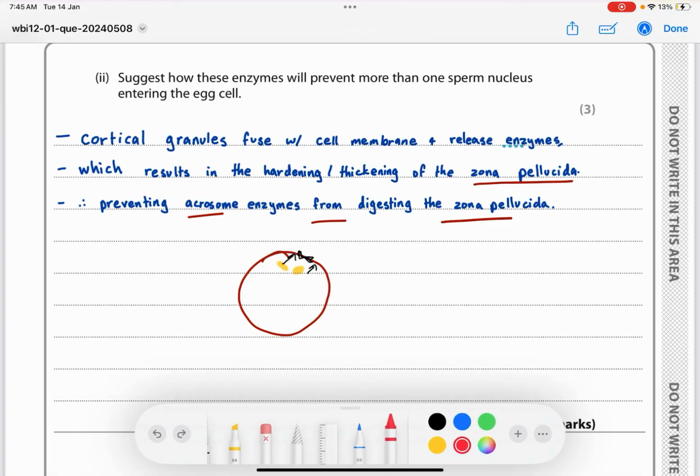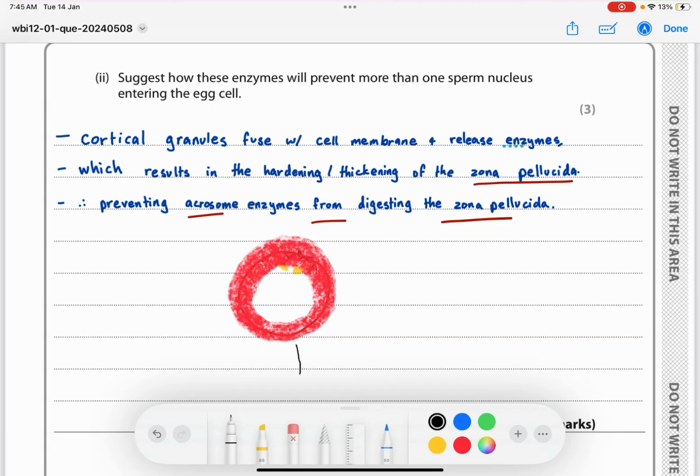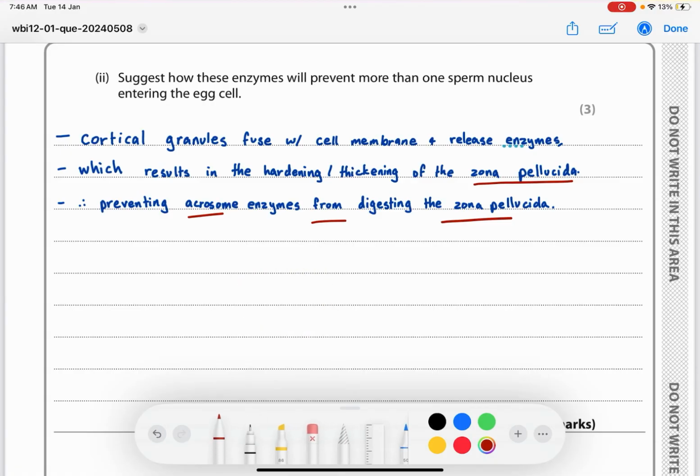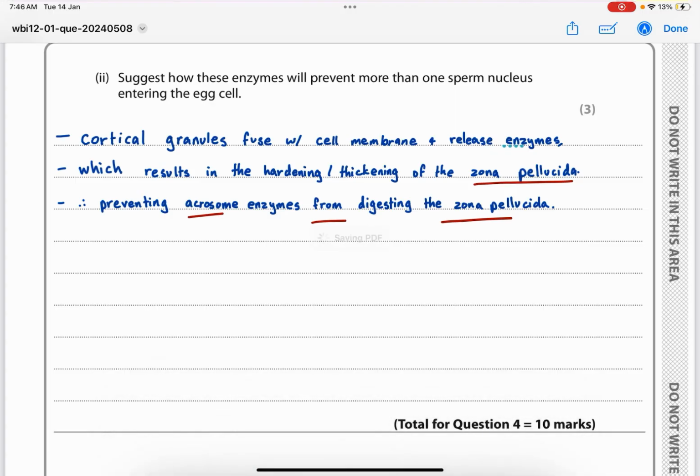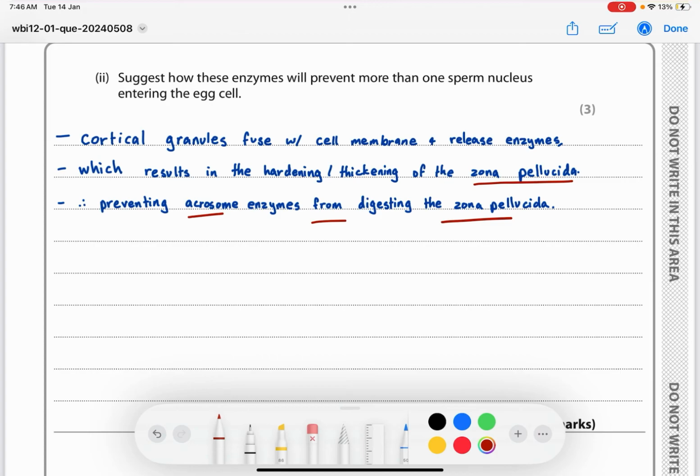Let me choose a different color. We can go with the red crayon, because why not? Okay, it's hardened, and they cannot pass through. The acrosome cannot digest its way through this thickened wall. So that's pretty much what goes on in this process.